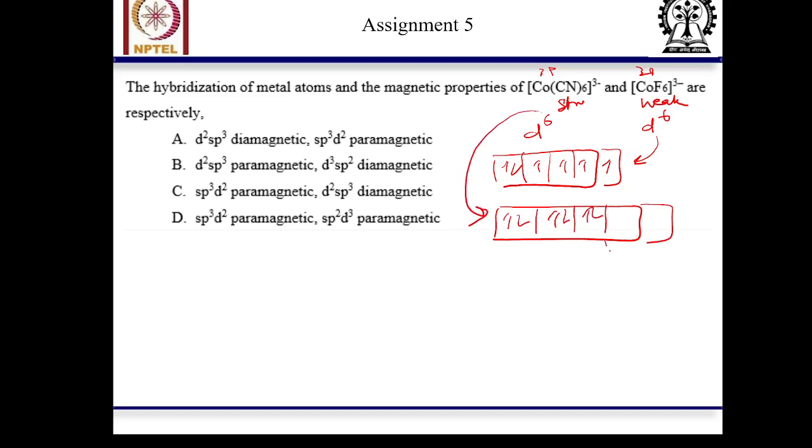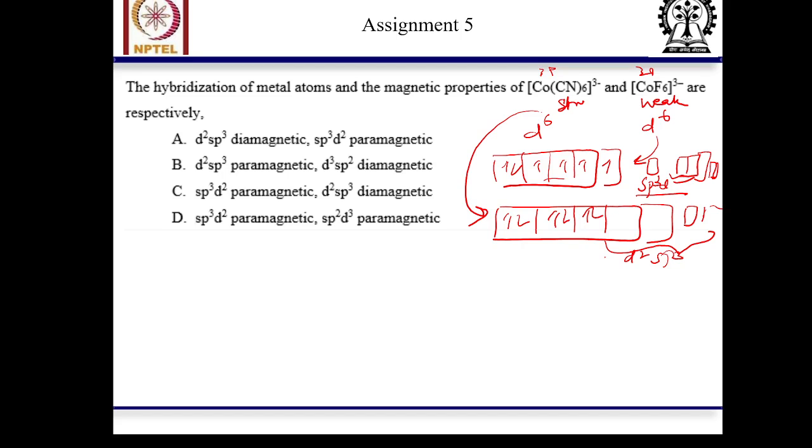So here d2sp3 will form. Here what will form? sp3d2. So the sp3d2 will be paramagnetic in nature and d2sp3 will be diamagnetic in nature.